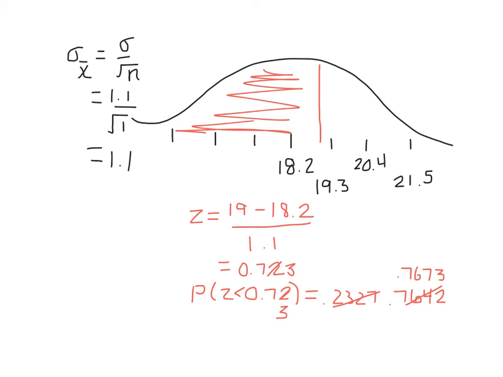Now, if we think about that, that represents the red area in our table, and basically we've determined that the probability that an individual man will have a shoulder breadth of 19 inches or less is 0.7673.